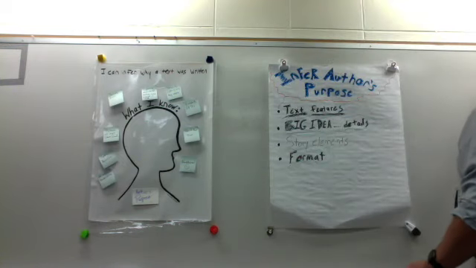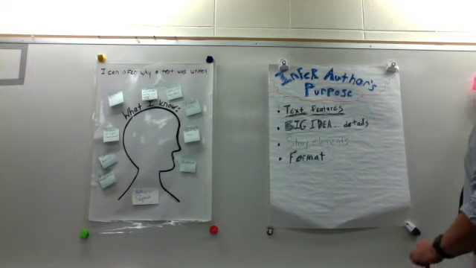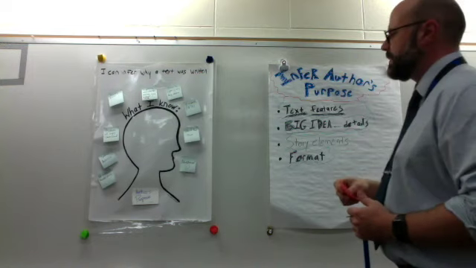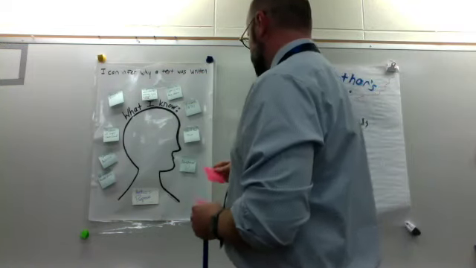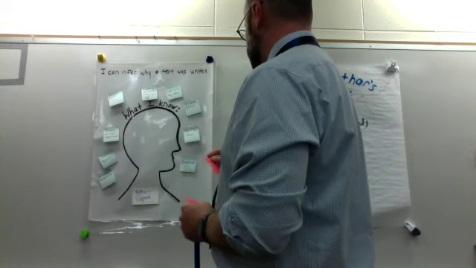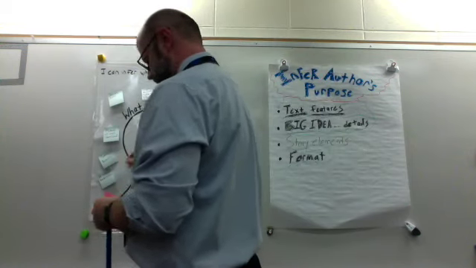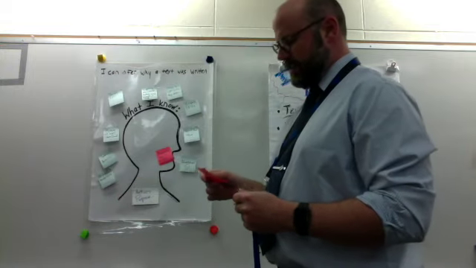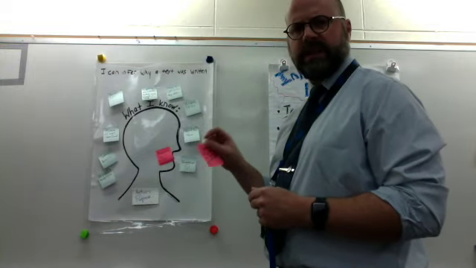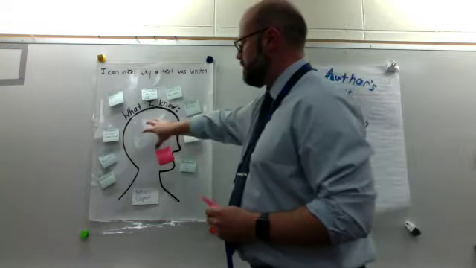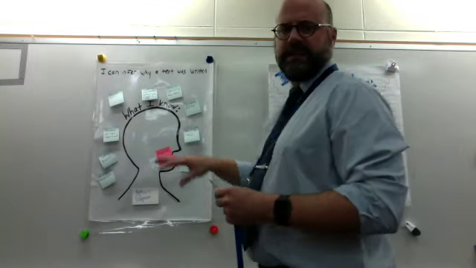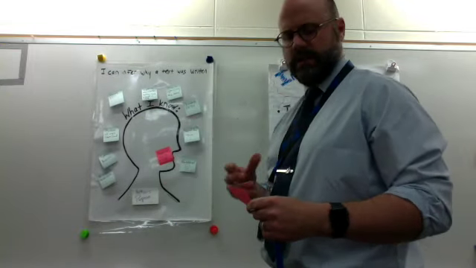And I'm going to make some connections here. So I see that it's numbered 1, and that makes me think of a list of things. And I'm using the pink sticky notes to represent what's going on in my brain when I read these details. What kind of connections am I making?